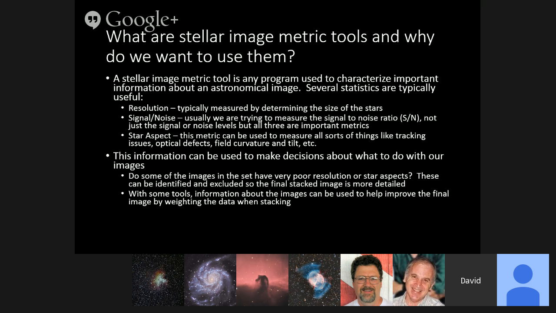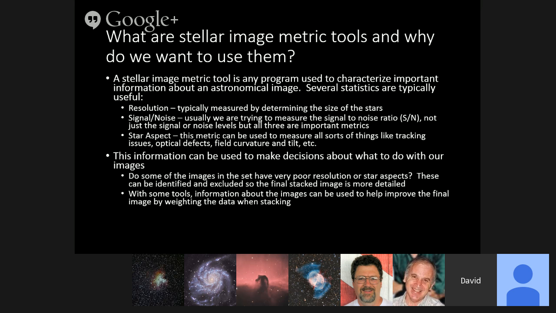One of them is resolution. This is typically measured by determining the size of the stars. You'll see this reported as full width half maximum or half flux radius sometimes. Signal to noise ratio is also very important. Typically, we're trying to measure the actual signal to noise ratio, not just the signal or noise levels, but all three are actually important metrics.